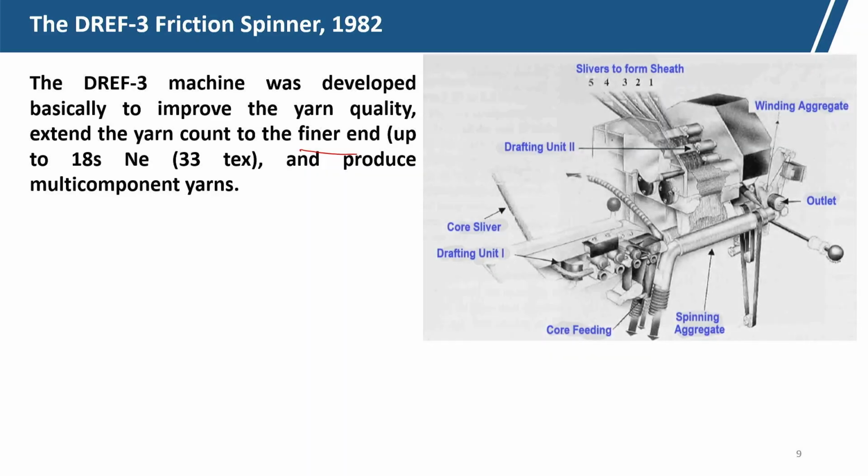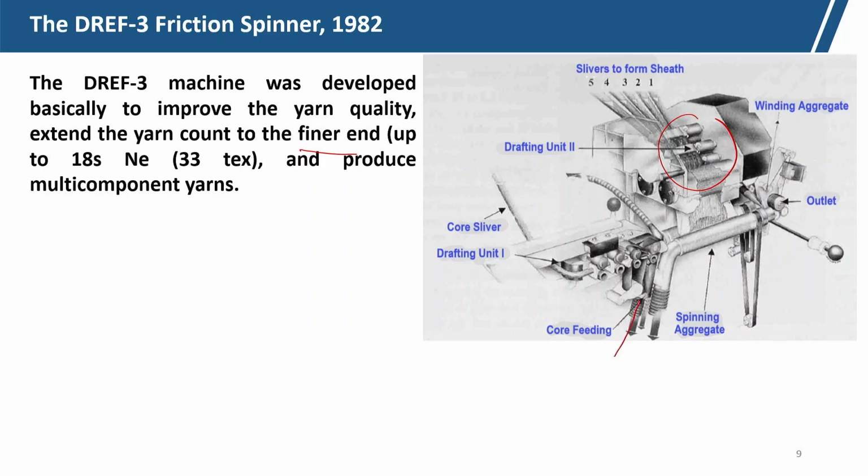This is the DREF 3 system. We can see the slivers which form the sheath; a number of slivers are there, typically 4 to 5, or 5 to 6 slivers we feed here, and they are drafted by drafting unit 2.